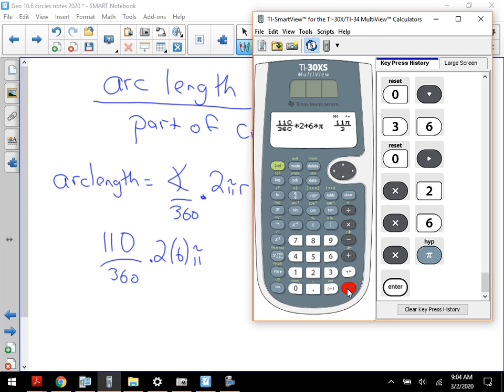So you can write it as angle over 360 times the circumference, or angle over 360 times 2 times the radius, or angle over 360 times pi times diameter. Depending upon what information you're given, you can use any one of those 3. If you were given a diameter, I would find half of it and double it, or I'll just use this one right off the bat.